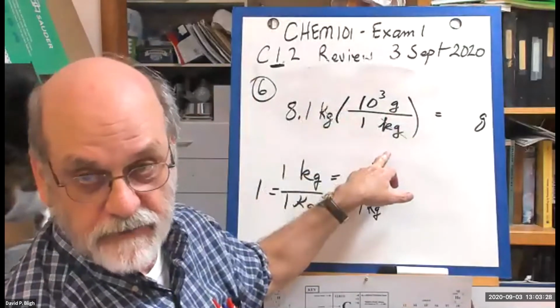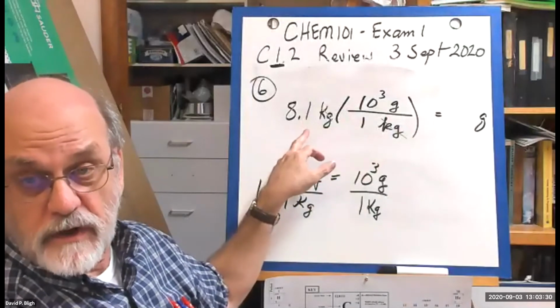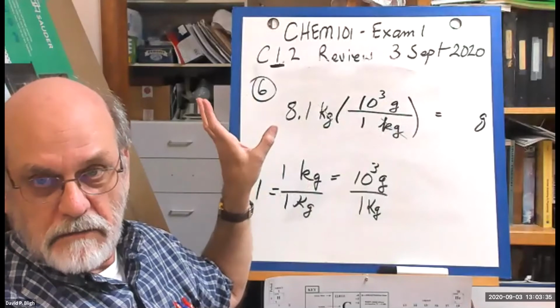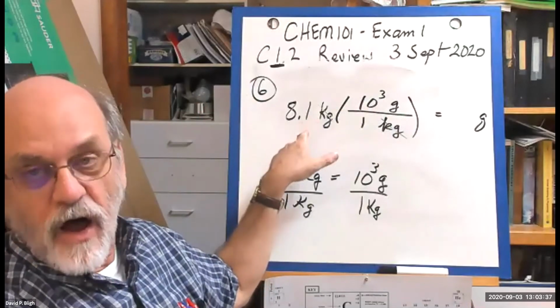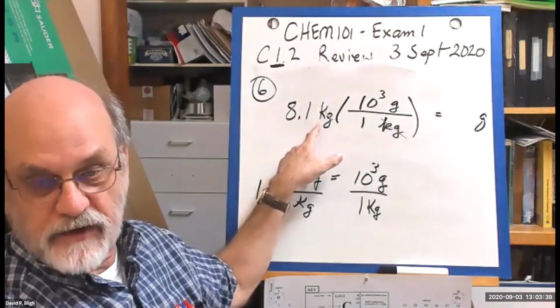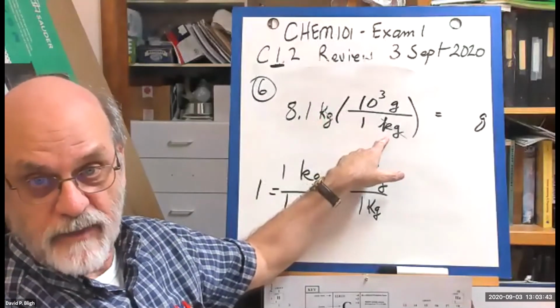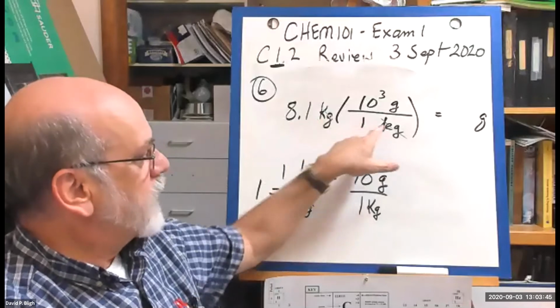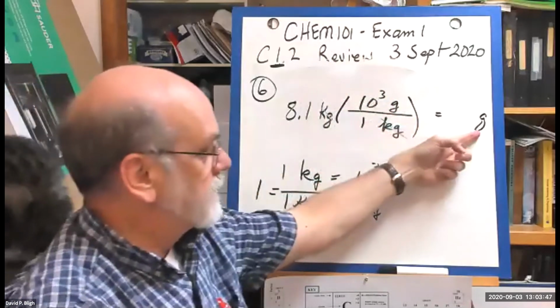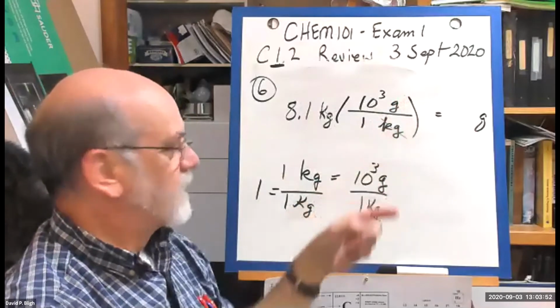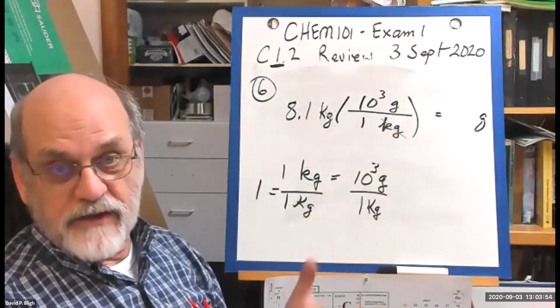Remember, when you write a number or a unit by itself with no divisor sign, it's always in the numerator. So the numerator here is canceled by the denominator. And what do we have left? We've got grams left, in the numerator. That's what we want. Now we've set the problem up. The rest is just number crunching.